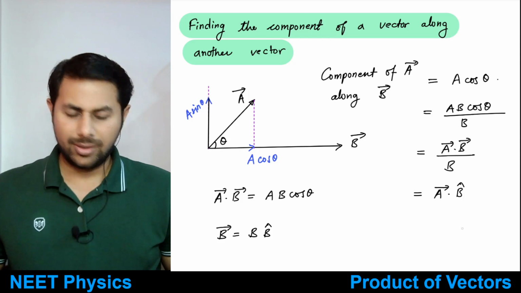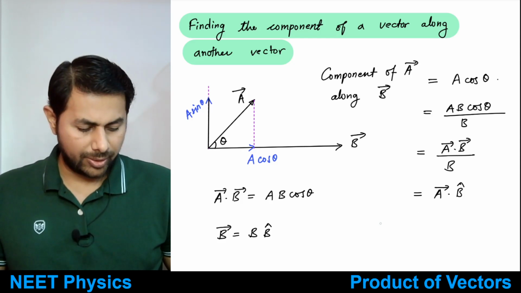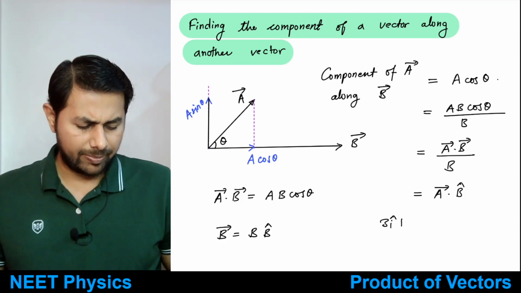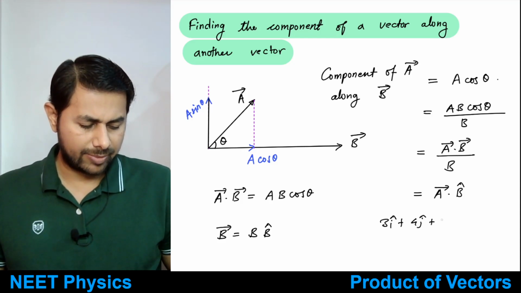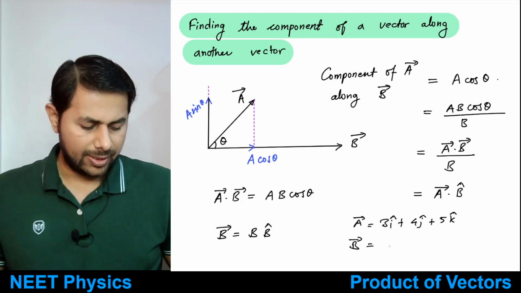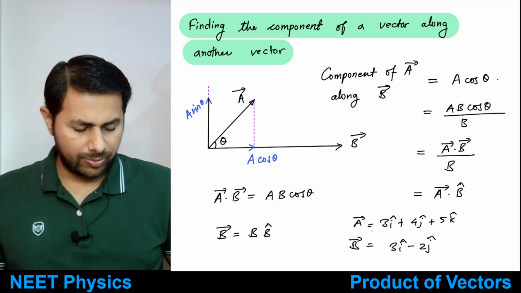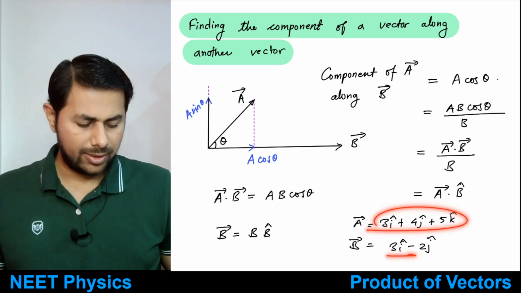For an example, suppose you want to find the component of 3i cap plus 4j cap plus 5k cap, which is your a bar, along b bar, which is, let's say, 3i cap minus 2j cap. How will you find it?